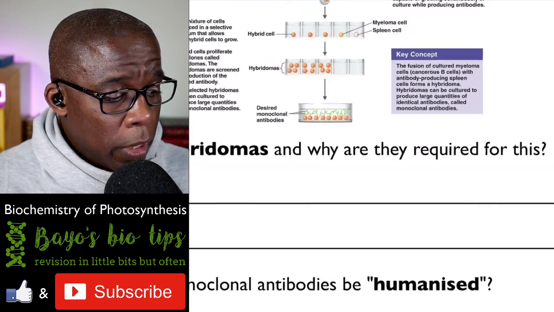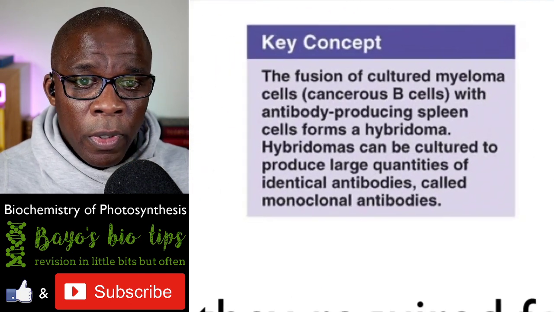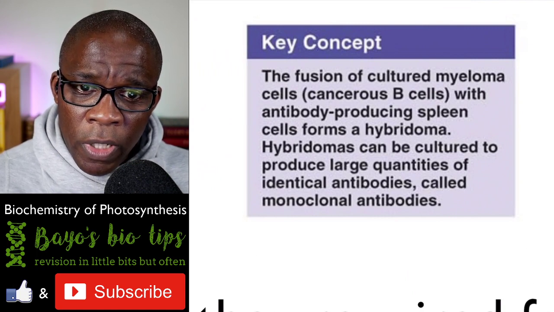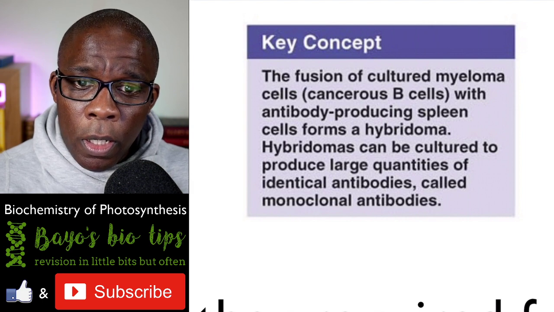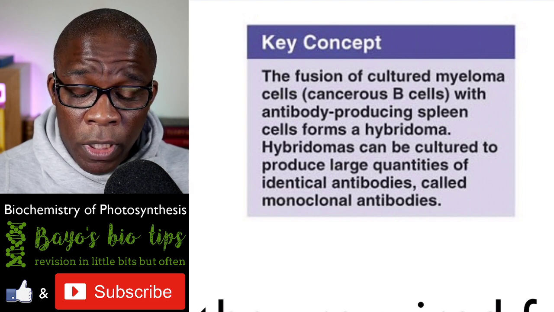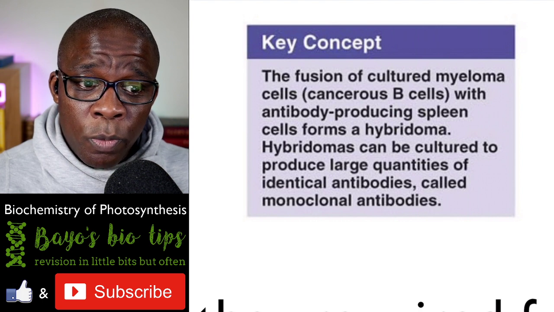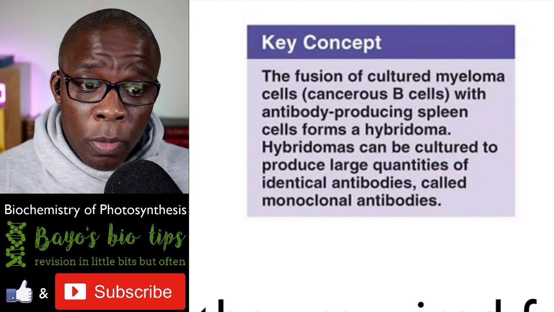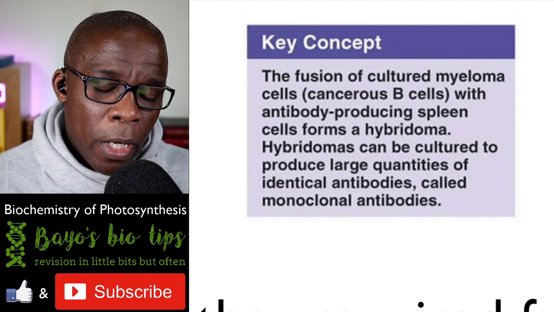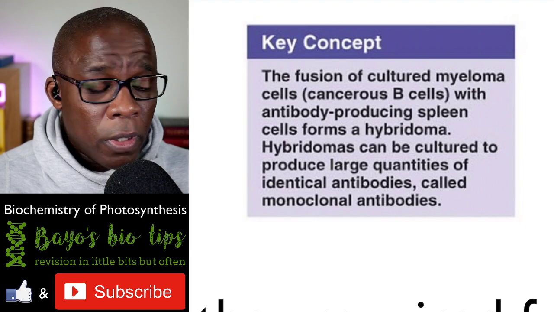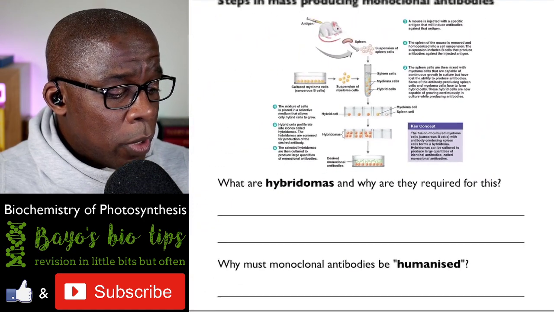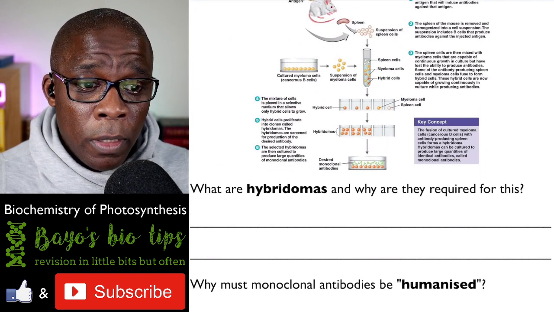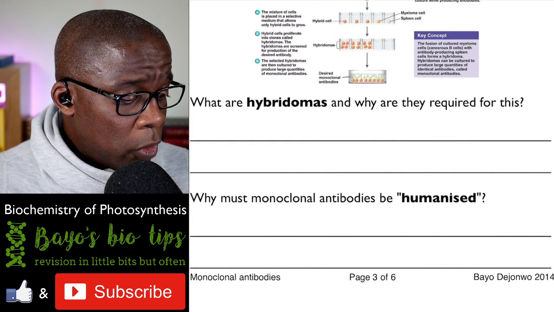So if we have a look here, a hybridoma is basically a cluster of cells made by fusing myeloma cells, which are cancerous B cells, with antibody-producing cells. So that way you can mass manufacture, in essence, the antibodies you need. So let's write something down for that.